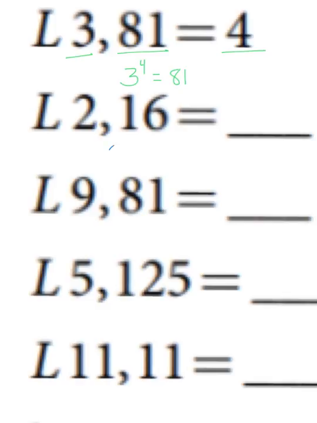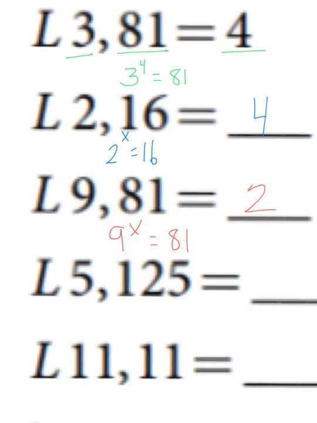So if 2 is the base, 2 to what exponent would be equal to 16? That would be 4. So we're going to put 4 here. If 9 was the base, 9 to what exponent would be equal to 81? That would be 2. So 2 would be this blank here.